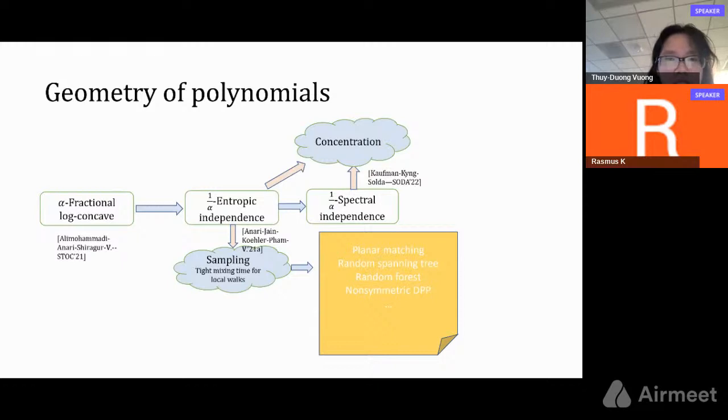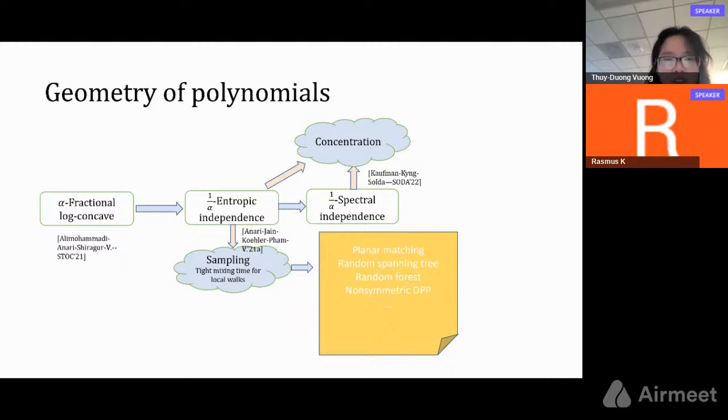Also, this is a side point. Entropy independence establishes entropy contraction, and there is a standard way to go from entropy contraction to concentration, so it can also be used to establish concentration.